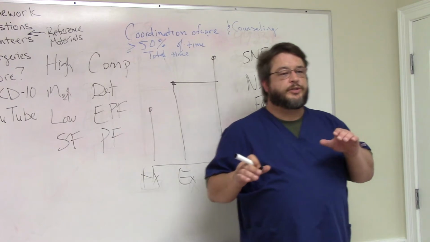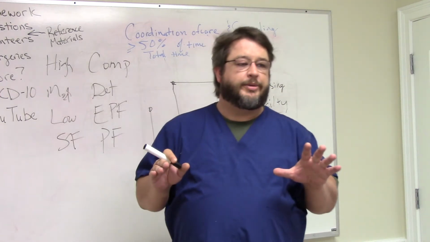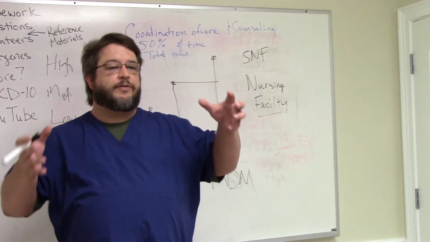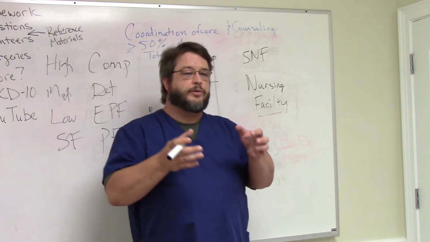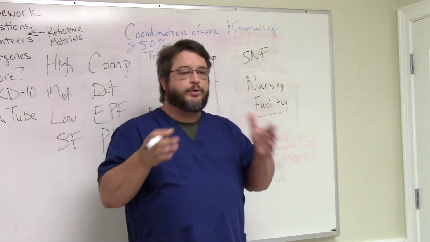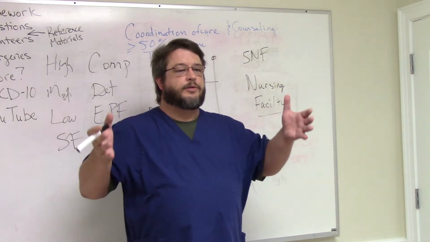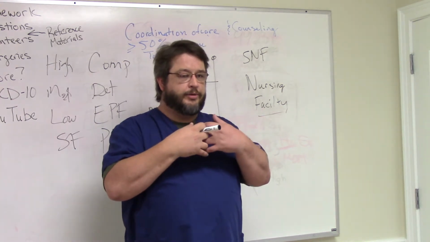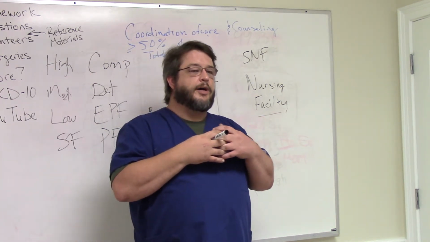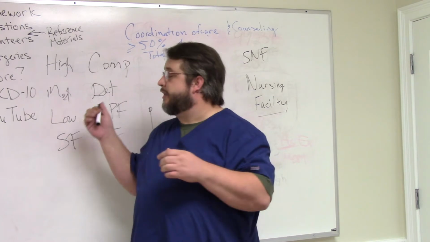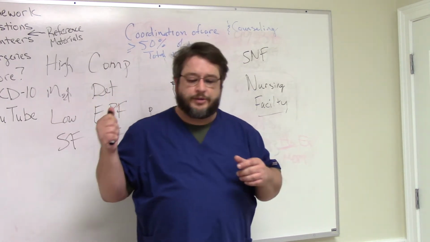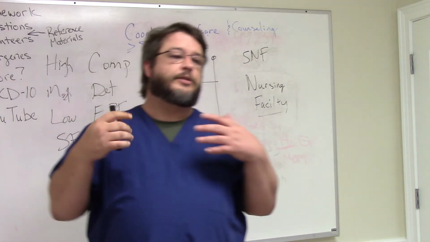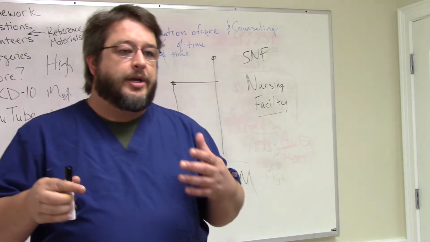And I'll go into bundling in a little bit. But when you have a code that has both with and without, that holds them both. We're going to talk about NCCI in a few minutes once we get done with this, and I'll discuss what bundling is.